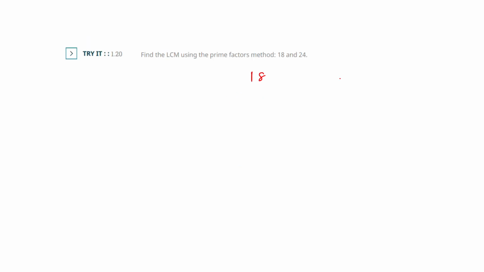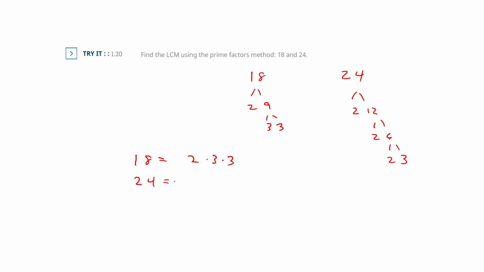Okay. So I'm doing my tree here. All right, so 18 is made up of 2 times 3 times 3. 24 is made up of 2 times 2 times 2 times 3. Okay, anything they share gets once.